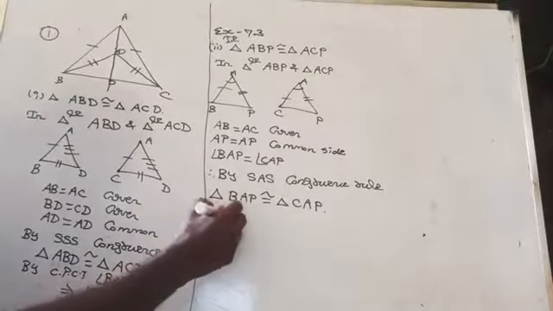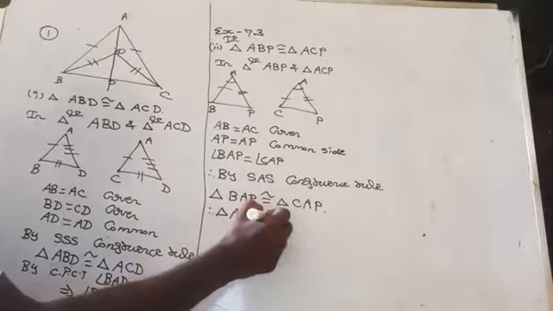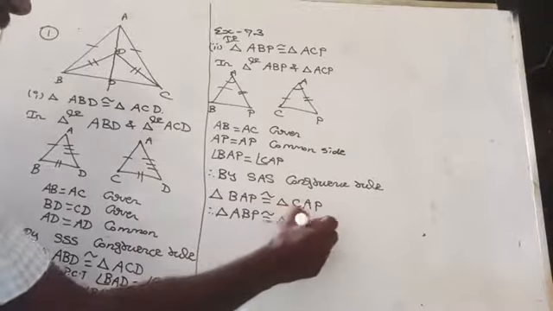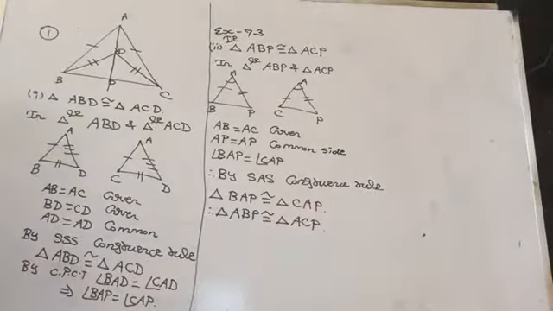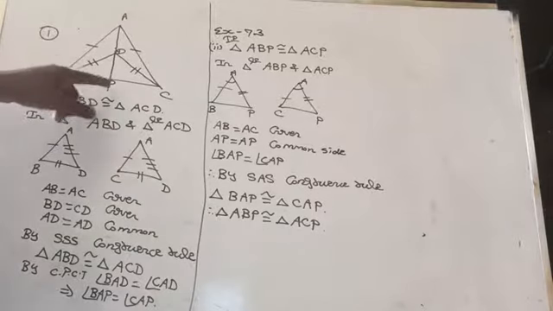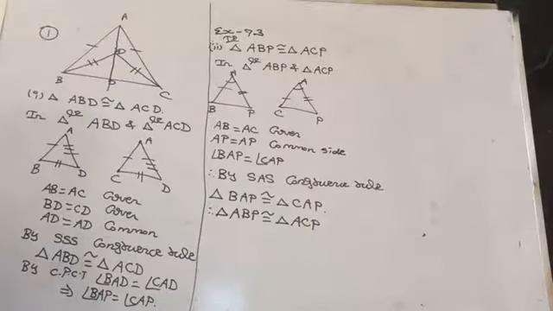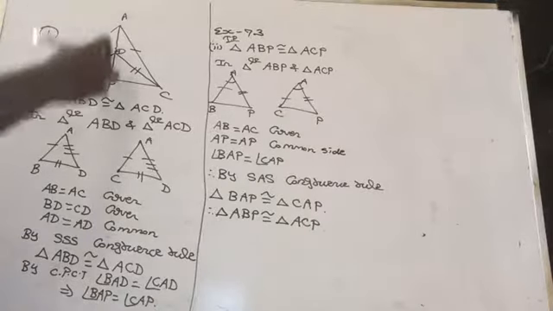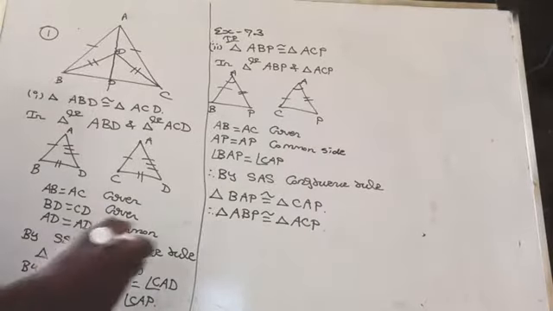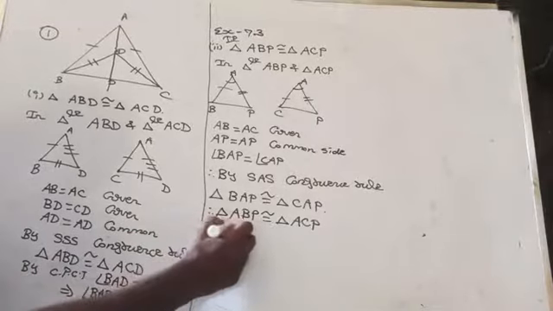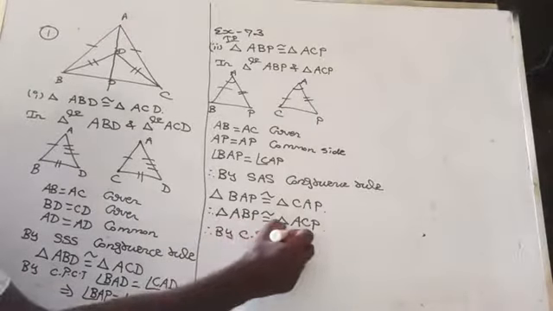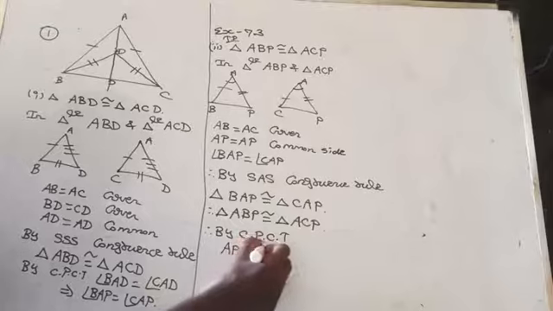Therefore, by CPCT, what can we say? Angle PAB equals angle PAC. So AP bisects angle A.